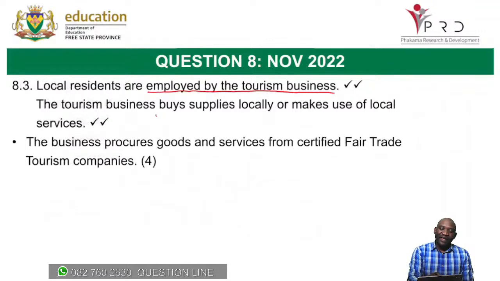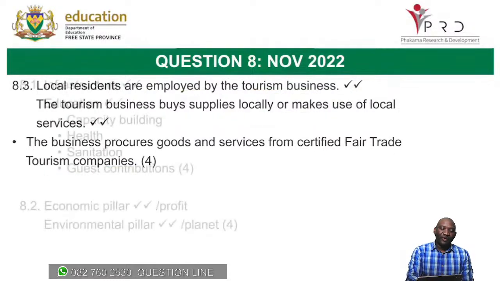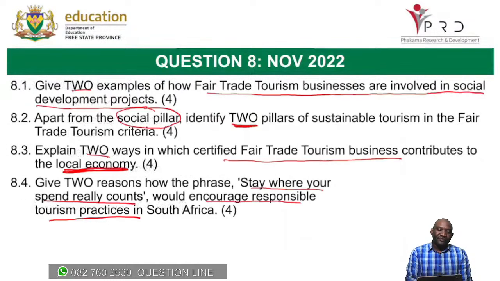Tourism businesses buy supplies from the local markets, and they make use of local services, and they procure services from fair trade tourism practices. And remember, what was our question? Explain 2 ways in which certified fair trade tourism businesses contribute to the local economy. They employ people, and they utilize products from the local economy.